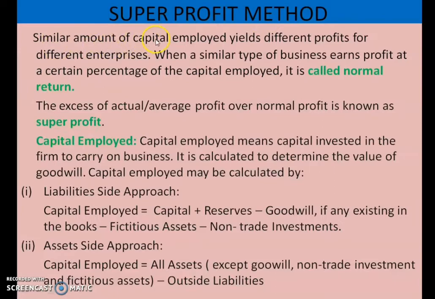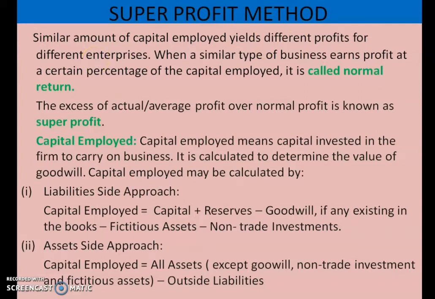A similar amount of capital employed yields different profits for different enterprises. If you take two enterprises, A Limited and B Limited, and suppose the capital employed by these firms is similar, the profit earned by each firm will be different.